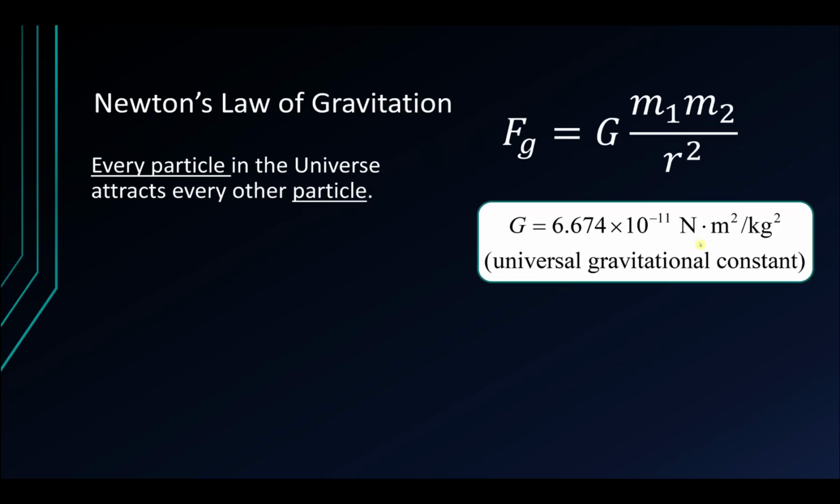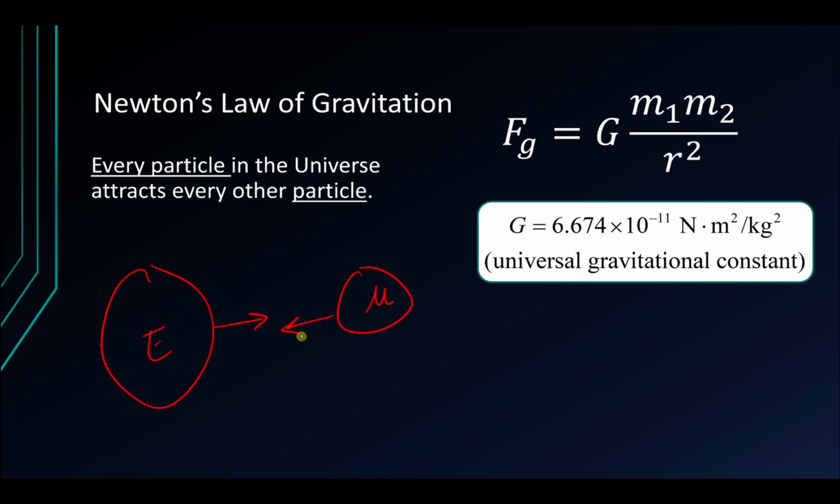A great example of that is going to be Newton's law of gravitation, right? Every particle in the universe attracts every other particle in the universe. The most common way that we think about this is we think about the Earth and the moon, and we think, okay, well, the moon is pulling on the Earth, and the Earth is pulling on the moon, right?